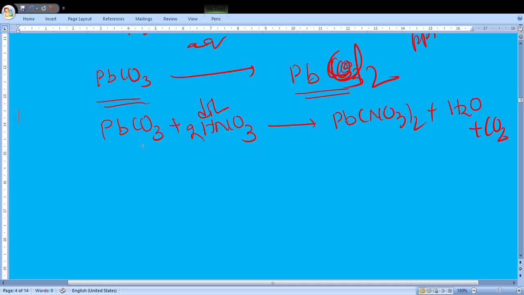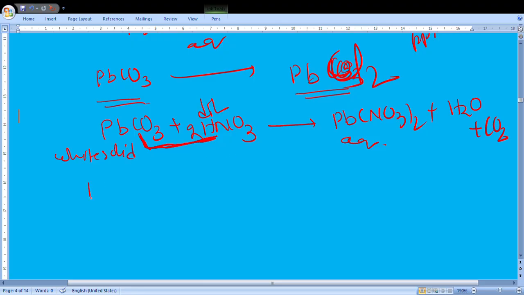See, the remaining compound is H2CO3, and as I told you again and again, H2CO3 is an unstable compound, so it cannot be taken as a reactant even if it is formed. Wherever it is formed, it will get decomposed into water and CO2. So now this becomes an aqueous solution. PbCO3 was a white solid.